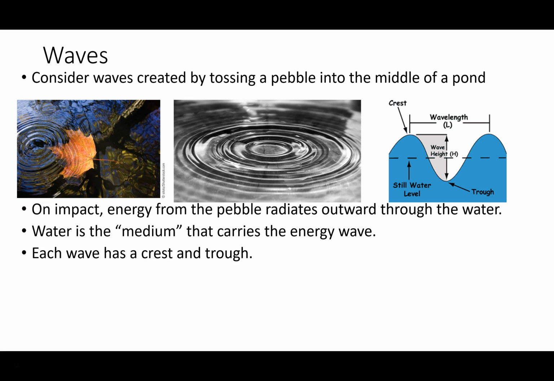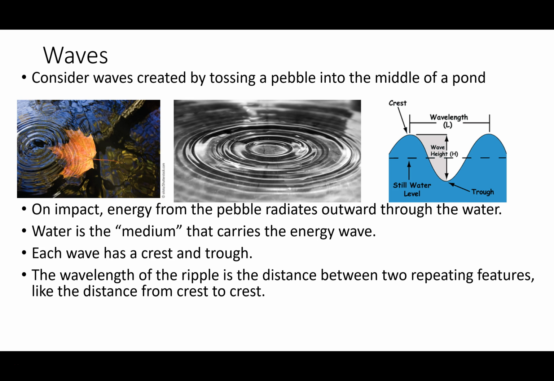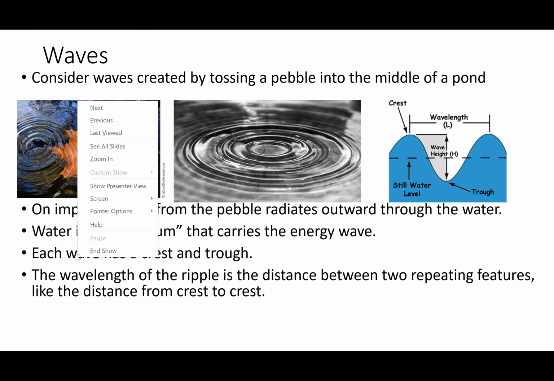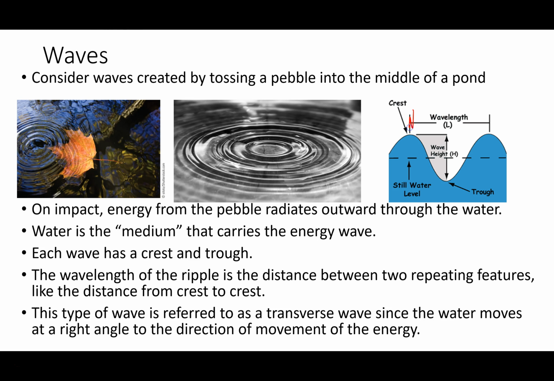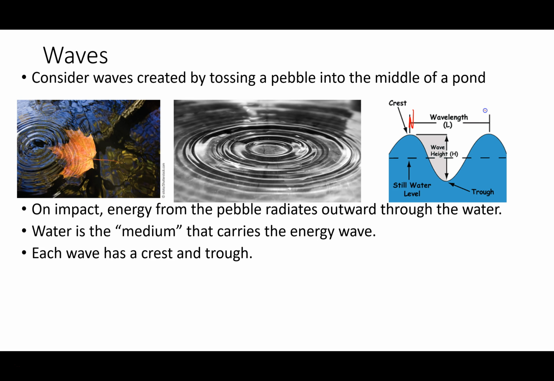You're going to see this later, but we need to use the Greek letter lambda for wavelength, this distance from crest to crest or trough to trough. I think I mentioned it the other day, it's on your equation sheet. It looks like a V with a little hat on it, wavelength.